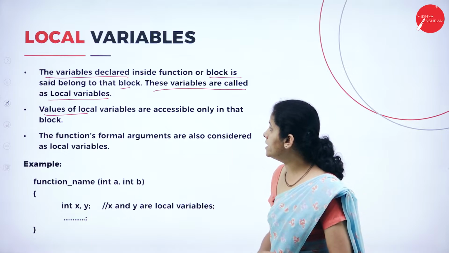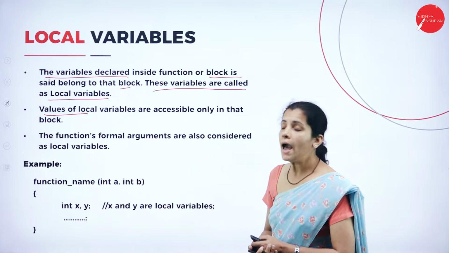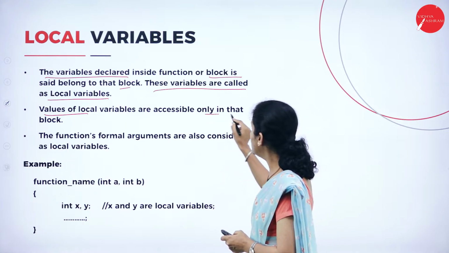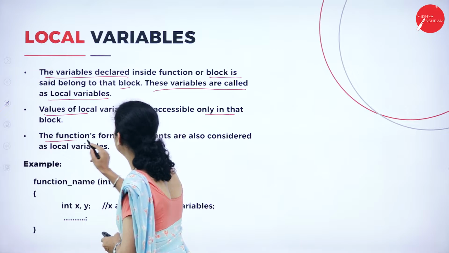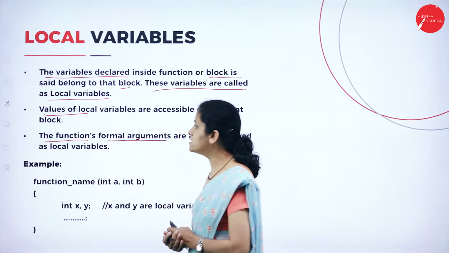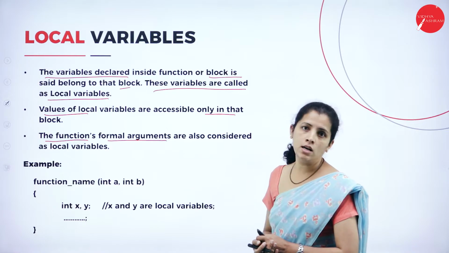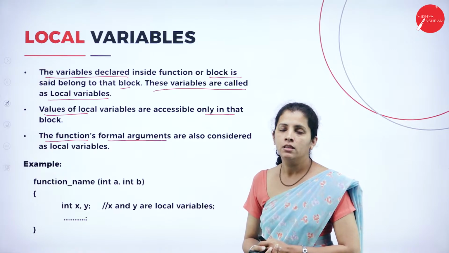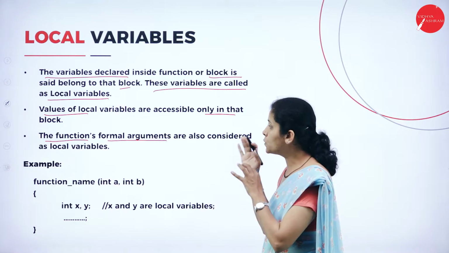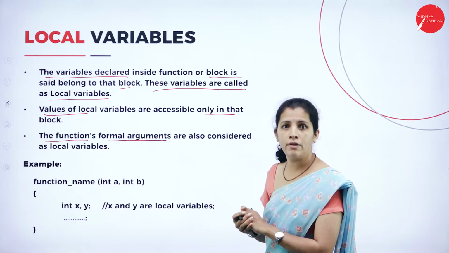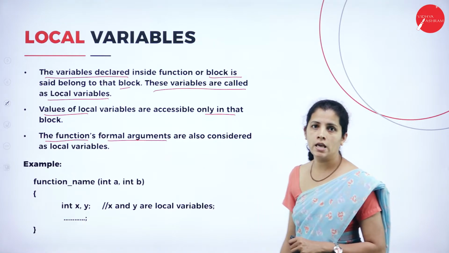So dear student, the values of local variables are accessible only in that block. Now the function's formal arguments are also considered as local variables. If I consider the formal variables present in the function, they are also treated as local variables.